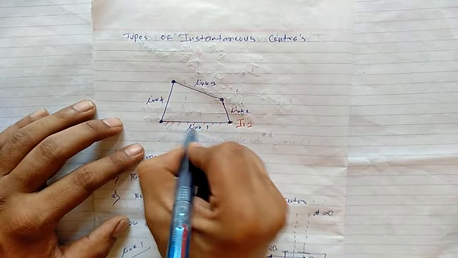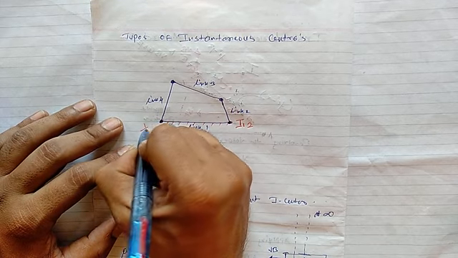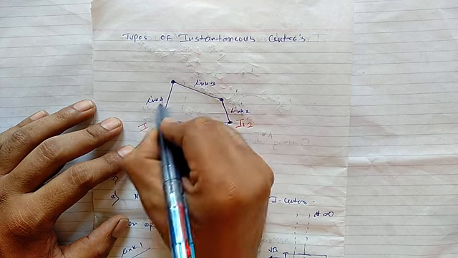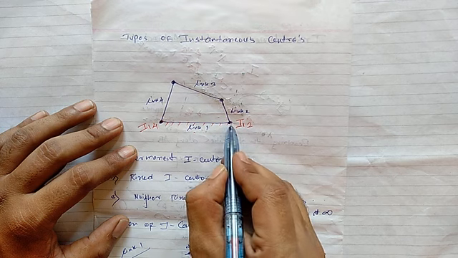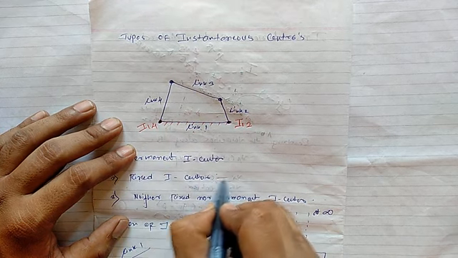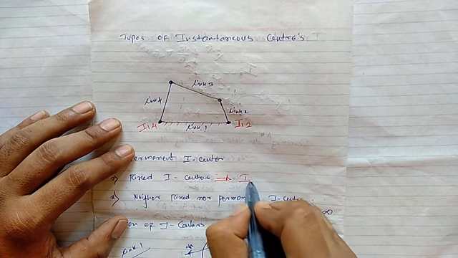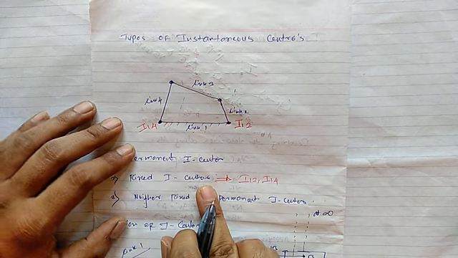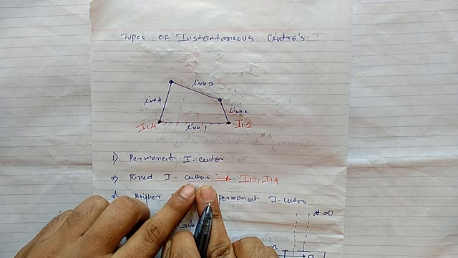Similarly, this is link 1 and 4, here is the pin joint, so about it the instantaneous center is I 1 4. Understood? So this is I 1 2 and this is I 1 4. These are the examples of fixed instantaneous centers. This kind of instantaneous center we call the fixed instantaneous center.